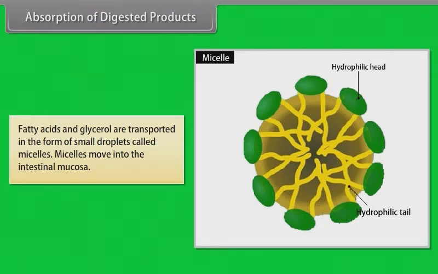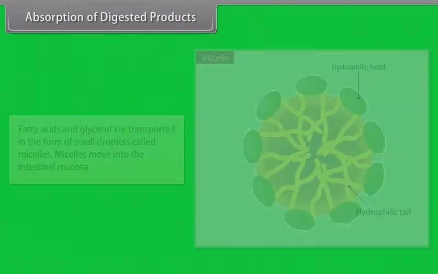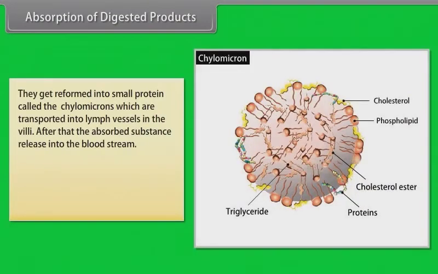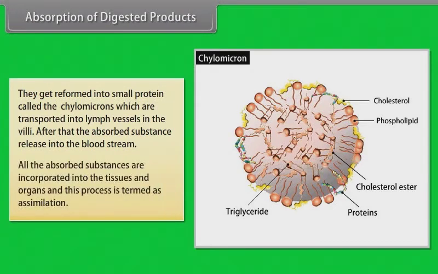Micelles move into the intestinal mucosa. They get reformed into small protein-coated droplets called chylomicrons, which are transported into lymph vessels in the villi. After that, the absorbed substance is released into the bloodstream. All the absorbed substances are incorporated into the tissues and organs, and this process is termed assimilation.